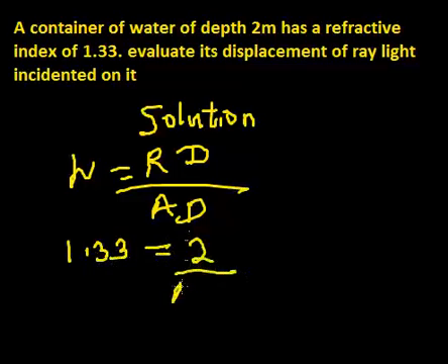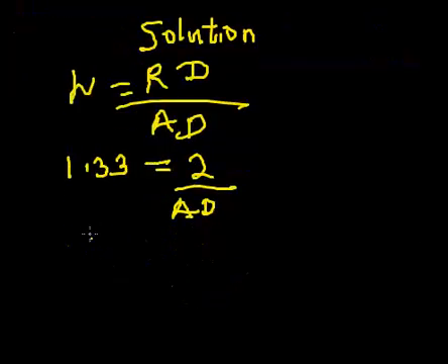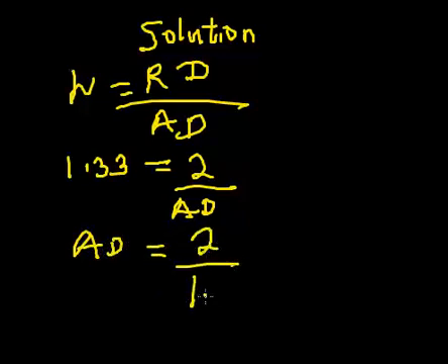So the apparent depth, I don't know what it is, so I have to rearrange the equation. Apparent depth is going to be equal to 2 divided by 1.33.